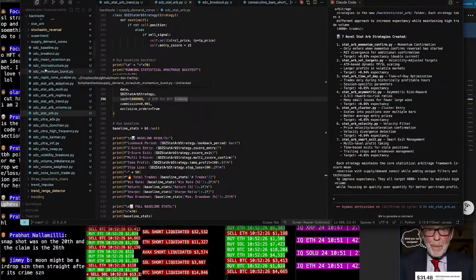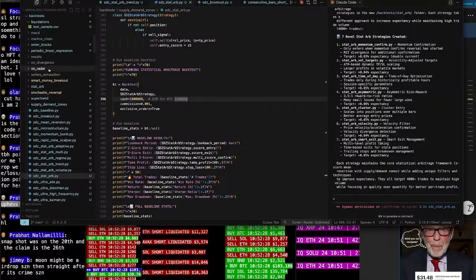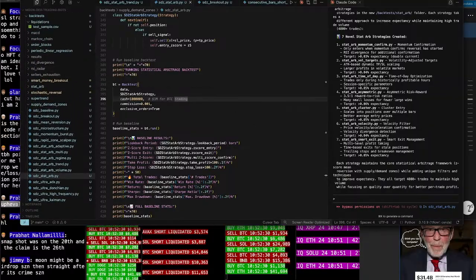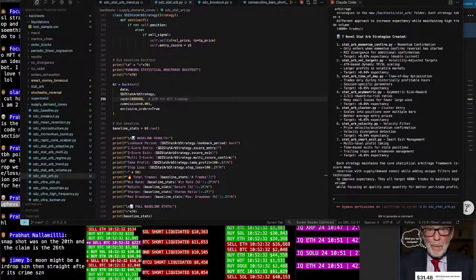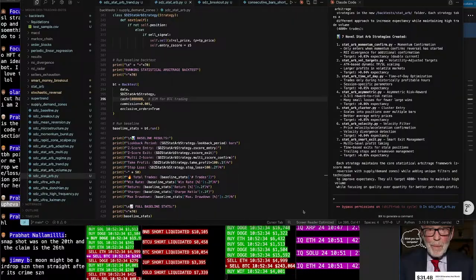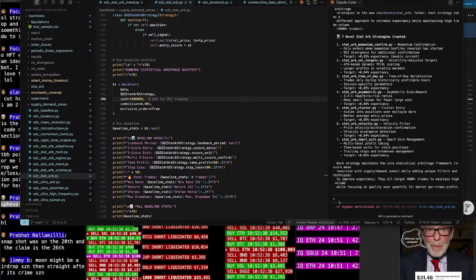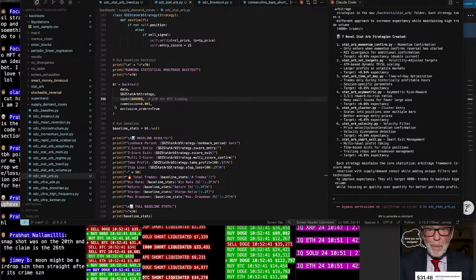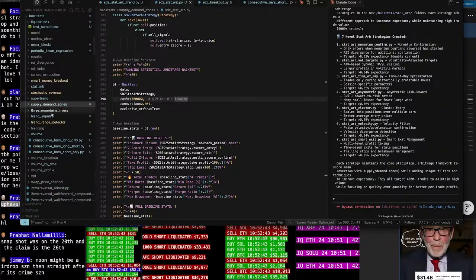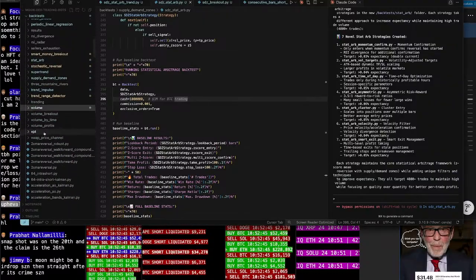And stat arb momentum confirm here. So it would be under stat arb now.